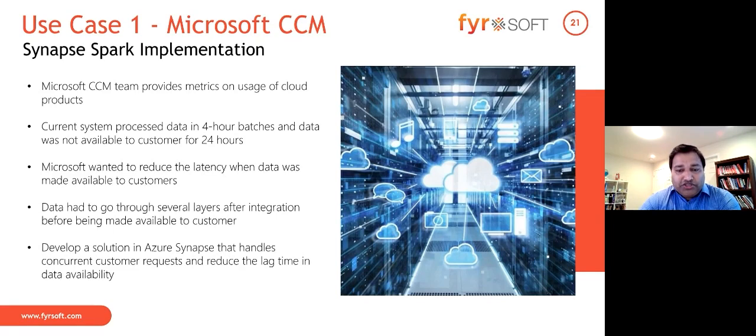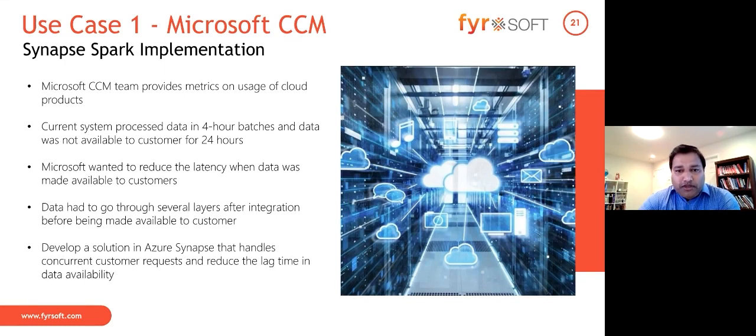The process was happening in 4-hour batches, and it had to go through multiple data lakes. So Microsoft wanted to experiment with Synapse to see how they can reduce the latency by taking the power of Synapse, bringing Spark into Synapse, and seeing how Synapse handles big data.